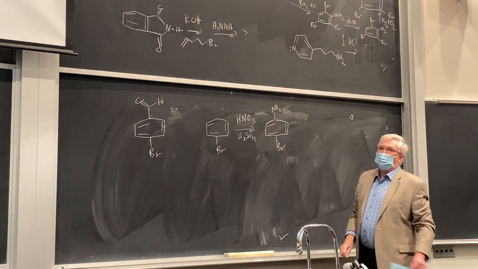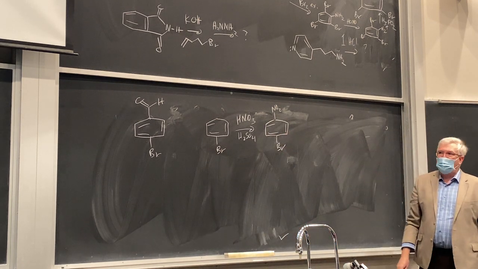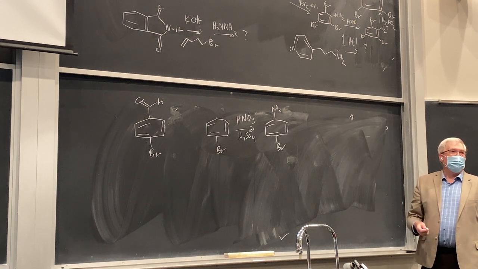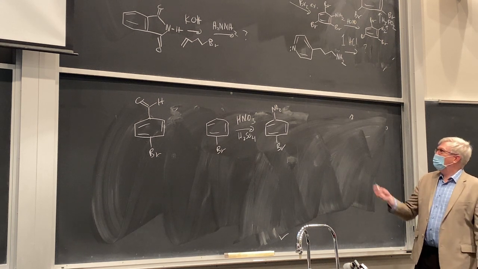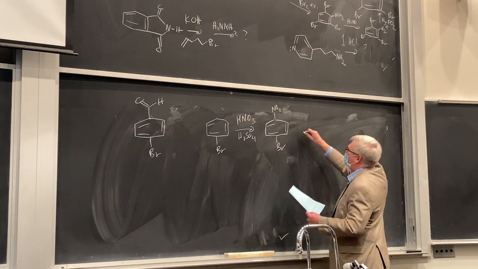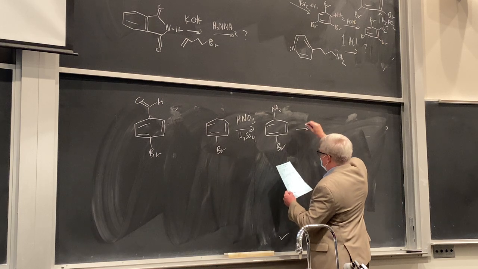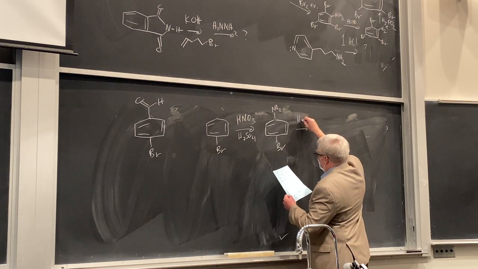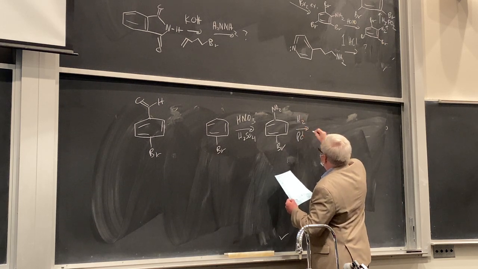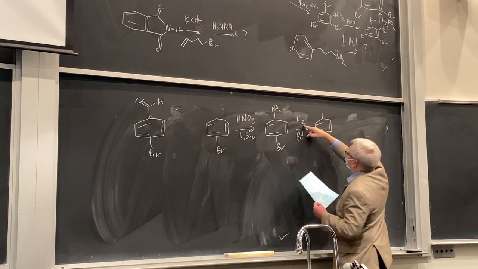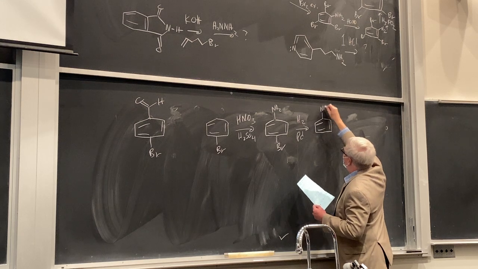Well, that nitro group will now become the aniline, and then we can eventually convert that into a cyanide, and then eventually reduce that to the aldehyde. So what do we do at this point? We would have to hydrogenate with palladium and hydrogen, or we could use HCl and tin here to get the aniline now.